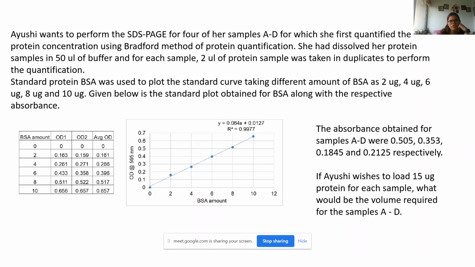Just giving you a hint, you can use this equation given to find the amount of protein A to D from this standard curve. So first calculate there using this equation.